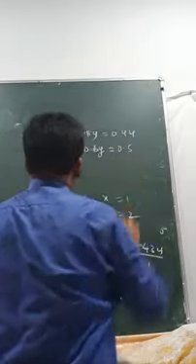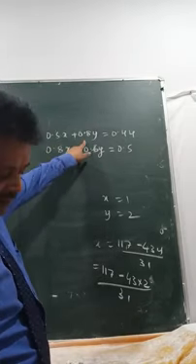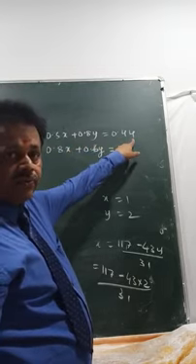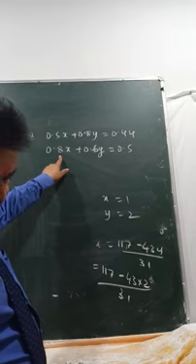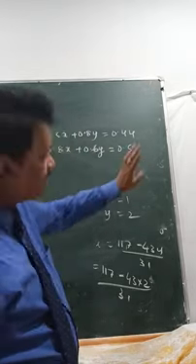Let's take the question again. 0.5x plus 0.8y equals to 0.44. 0.8x plus 0.6y equals to 0.5.